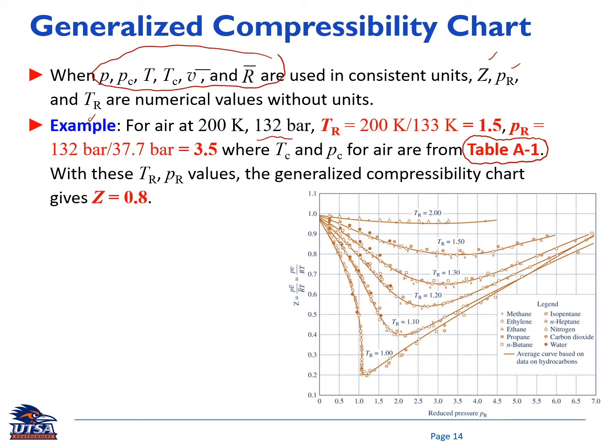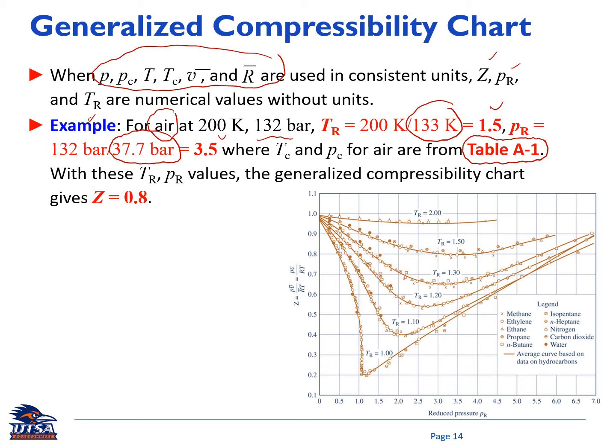PC and TC are independent of the condition, so they are just a function of the substance. From table A1, you can see that TC equals 133 Kelvin, and PC equals 37.7 bar. With these two numbers, you can get TR equal to 1.5 and PR equal to 3.5.